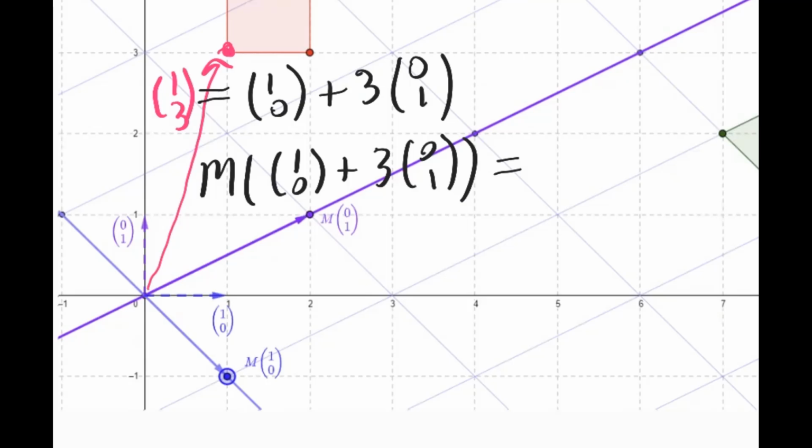So this is going to be equal to m of (1, 0) plus m of 3 times (0, 1).